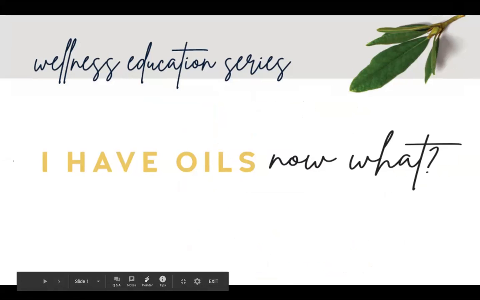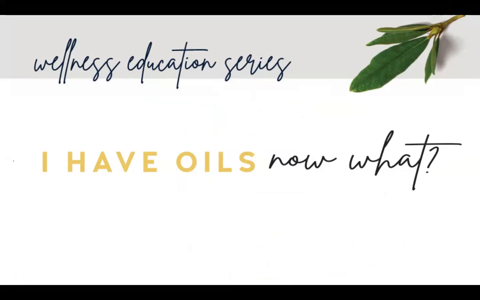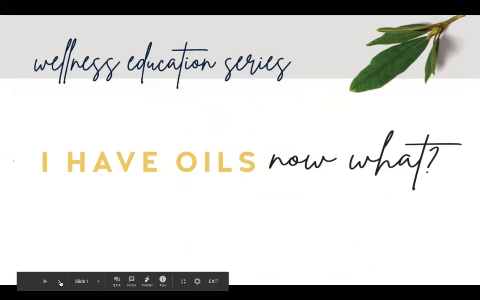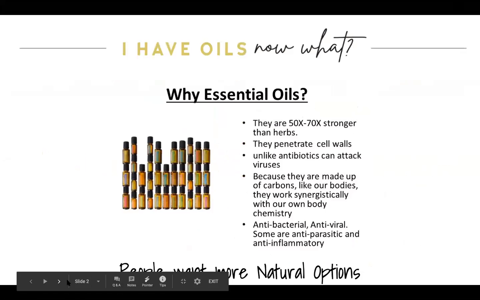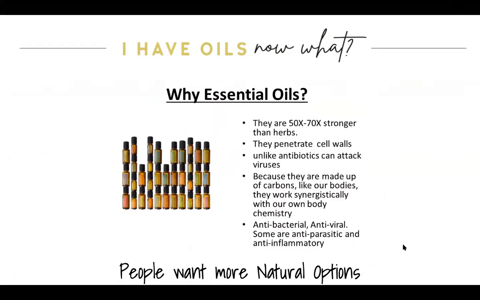So it's all about, I've got my oils, now what? So you've got your oils in front of you, or you've definitely received them, and we're going to try and figure out what's the best way to get them working for you. So why essential oils? Well, we all know that they're 50 to 70 times stronger than botanicals and herbs.